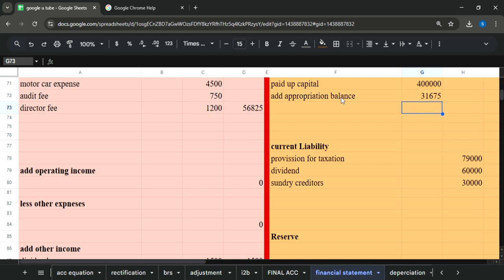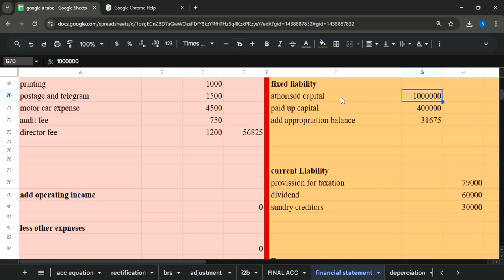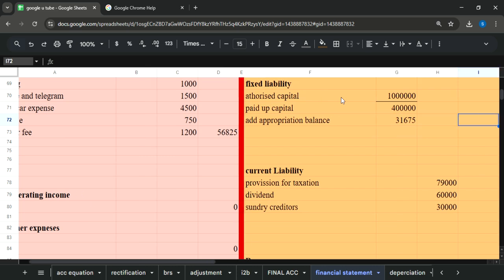Okay guys, now we can start our calculation regarding fixed liability, and as you can see we have capital of 4 lakh, add appropriation profit, nothing else is present in fixed liability. So this would also be considered as total of fixed liability in absence of other long-term liabilities.